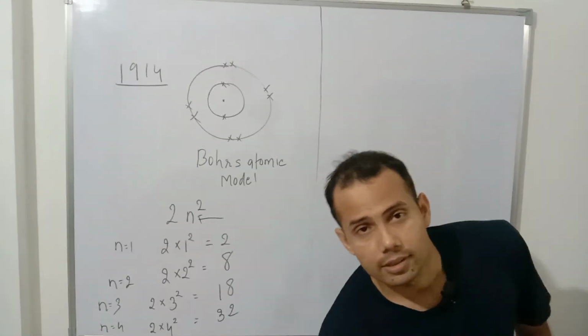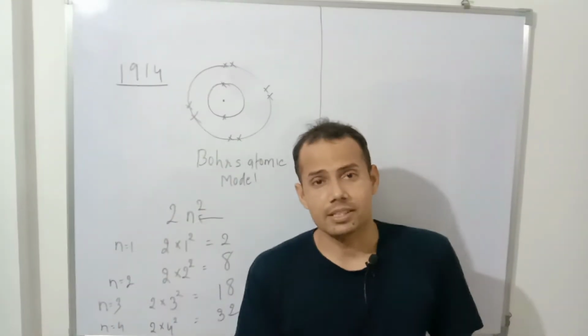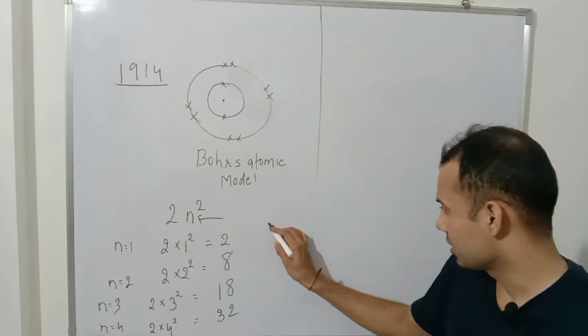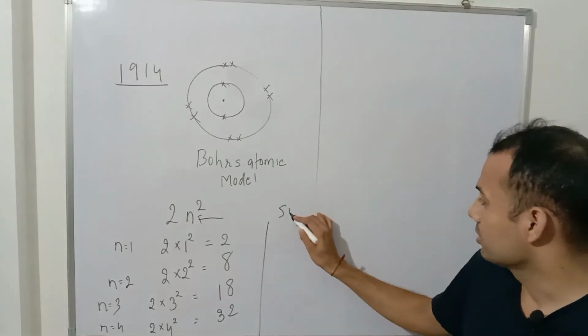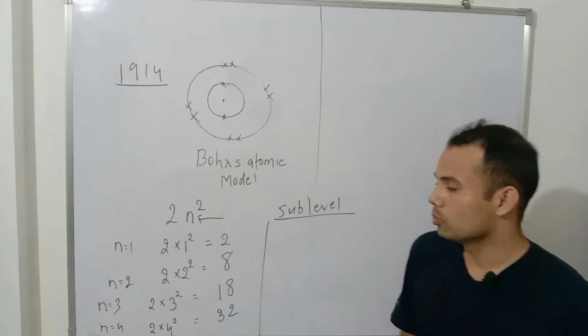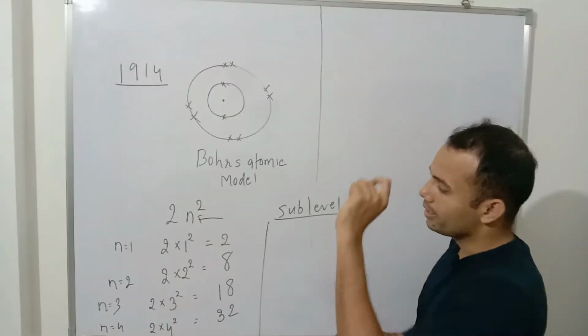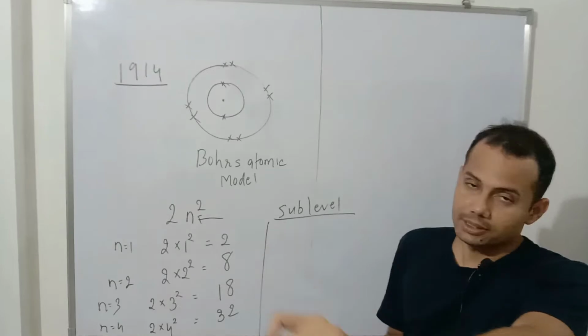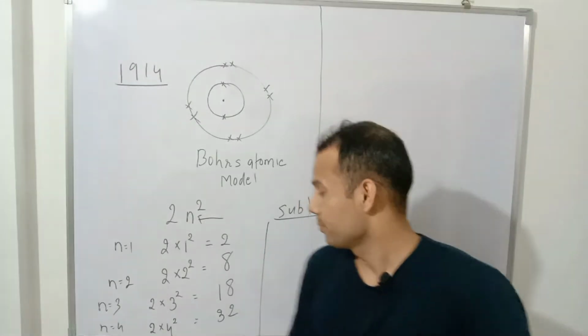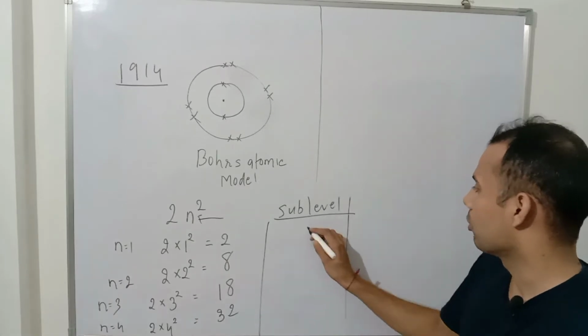Now what happens next is, these energy levels can split into sub-levels. So let me write down here sub-level. If you take n equal to 1, it means it can split into one sub-level.